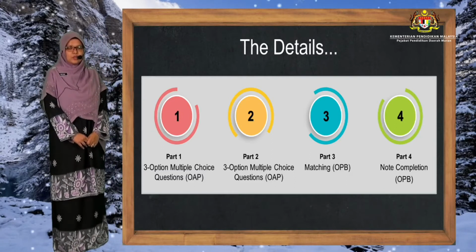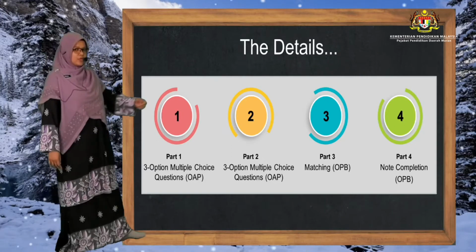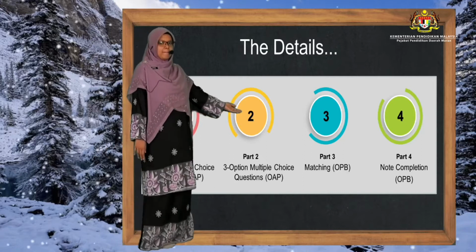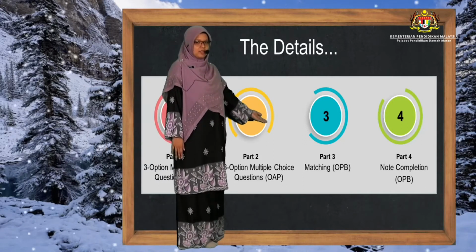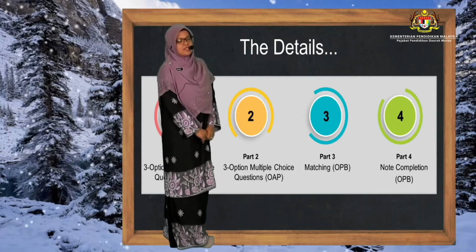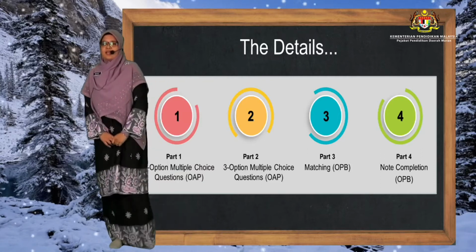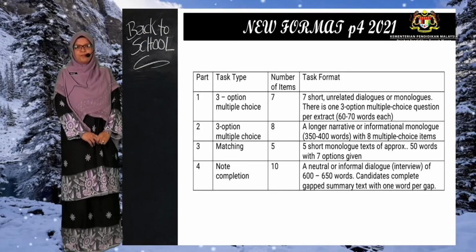These are the OAP types of items. And then part 3, we have the matching. And part 4, you can see at the end, is note completion. That is under OPB as well.